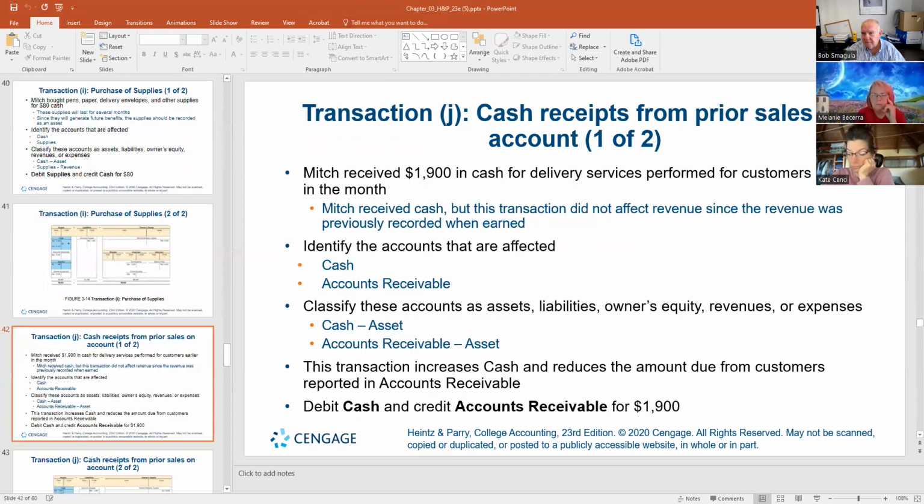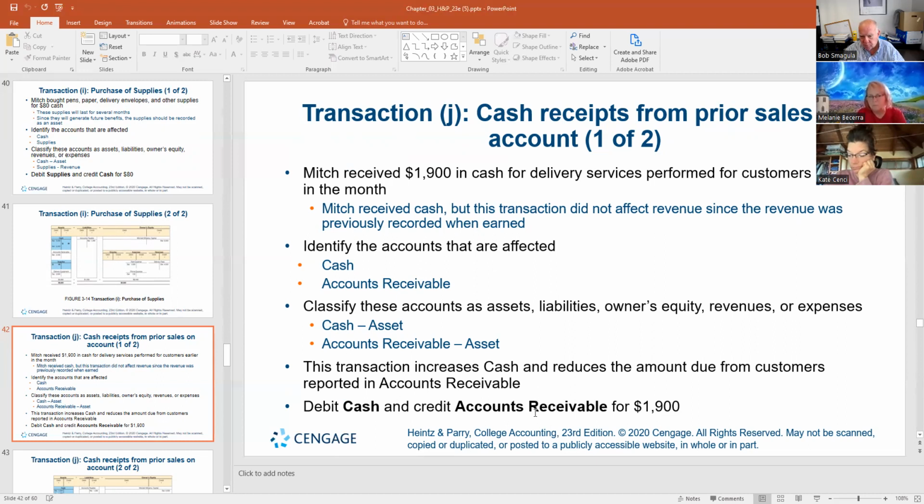Cash receipts from prior sales. Remember that a couple of slides ago, we had a $2,400 sale, I believe. Now he's receiving 1,900. He received the cash, but this does not affect the revenue. The revenue is recorded when he sold the pizzas. So all we're doing here is collecting the cash and reducing another asset called accounts receivable.